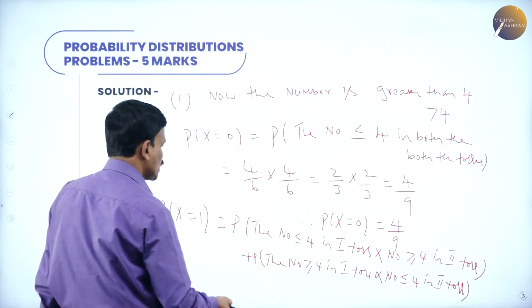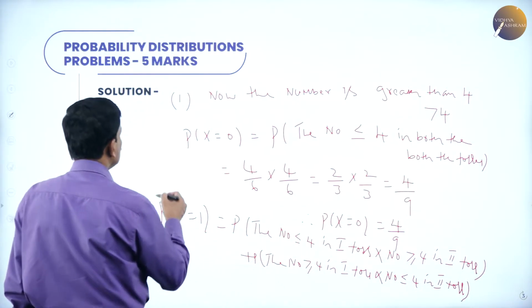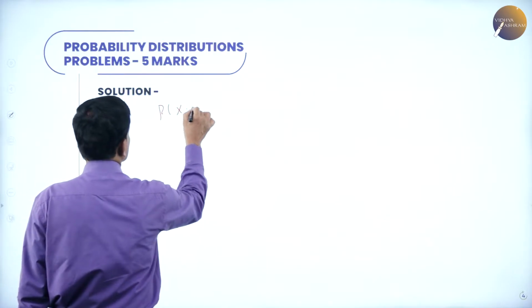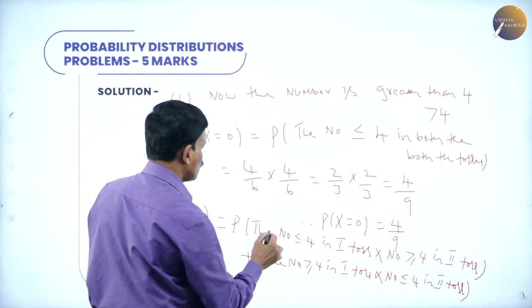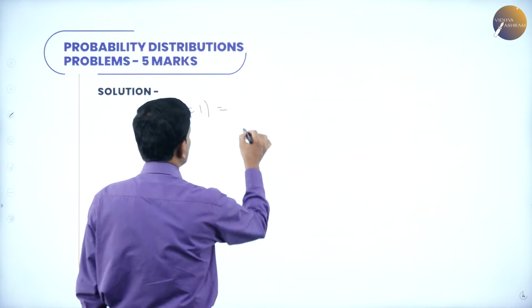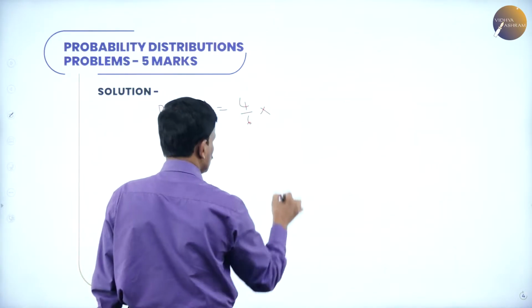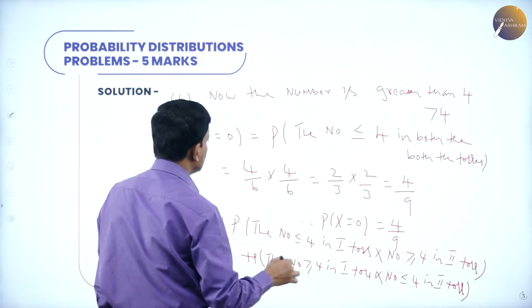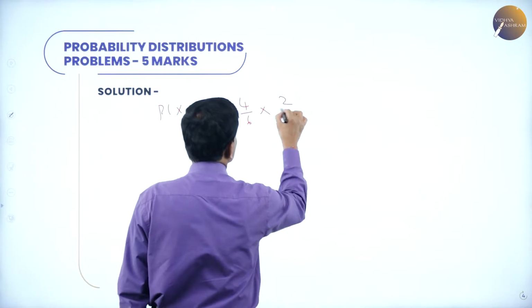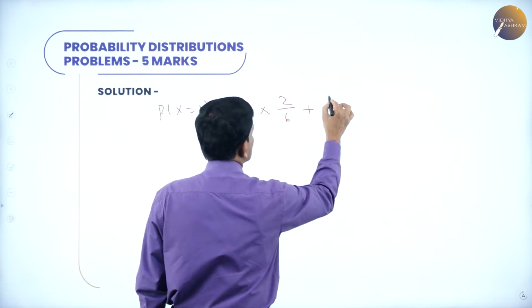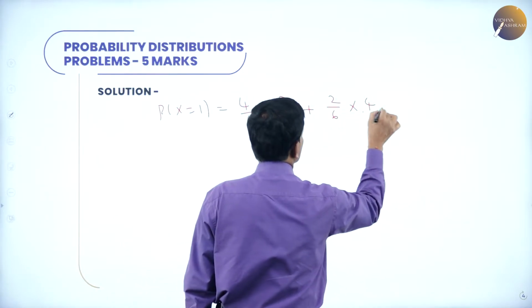So therefore this can be written as: probability of x is equal to 1 is equal to 4 by 6 into 2 by 6 plus 2 by 6 into 4 by 6.